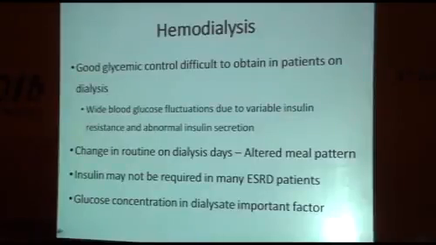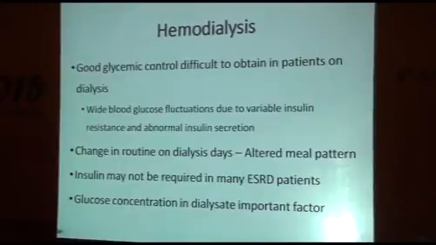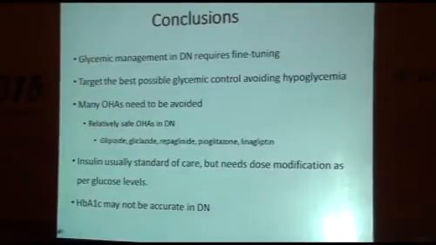If at all they require it, they might need a very small dose. The most important factor in all these patients will be the glucose concentration in the dialysate fluid. What dialysate they use and how much glucose concentration is there will be a much bigger factor in determining the levels.